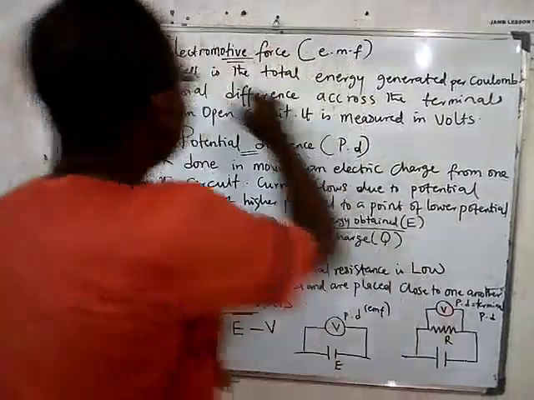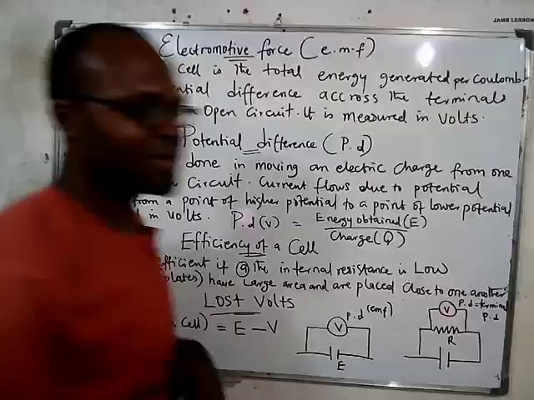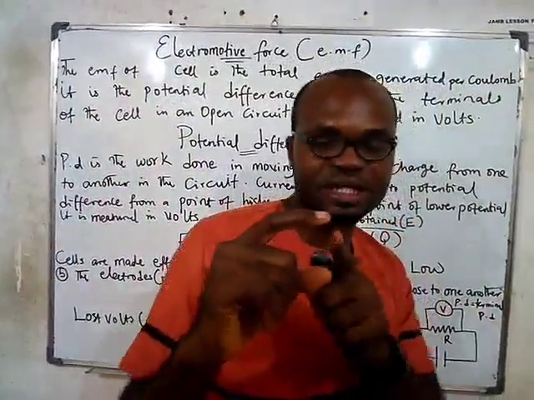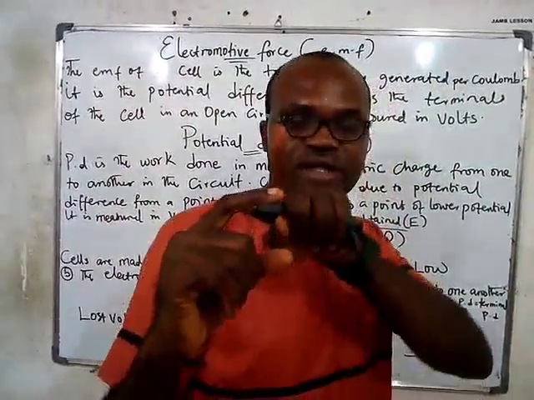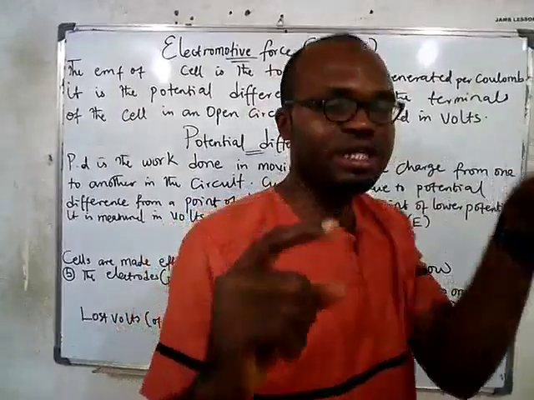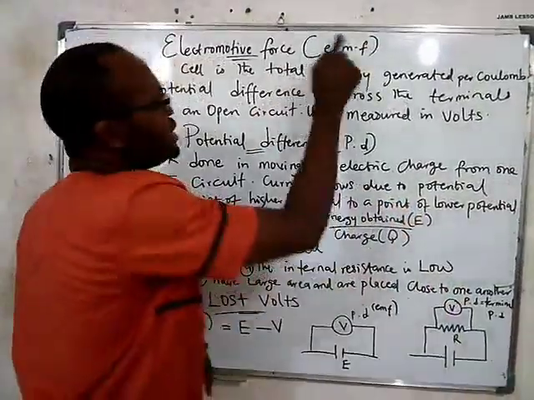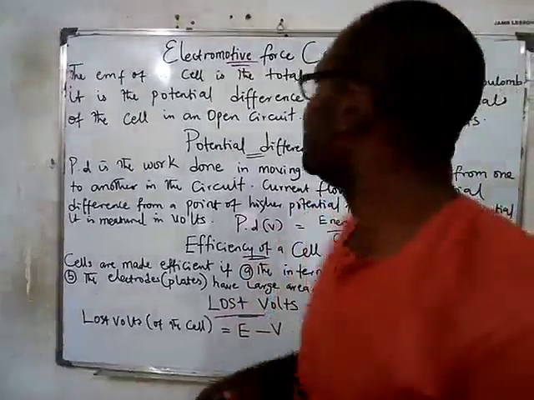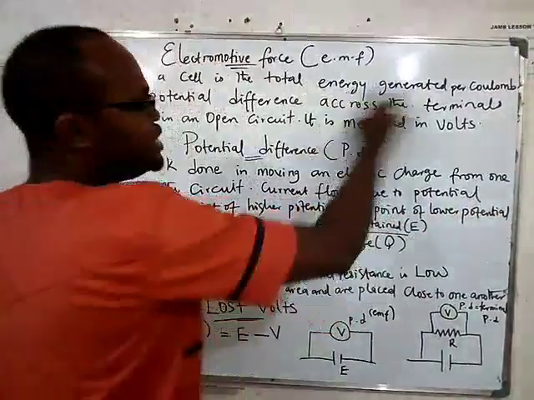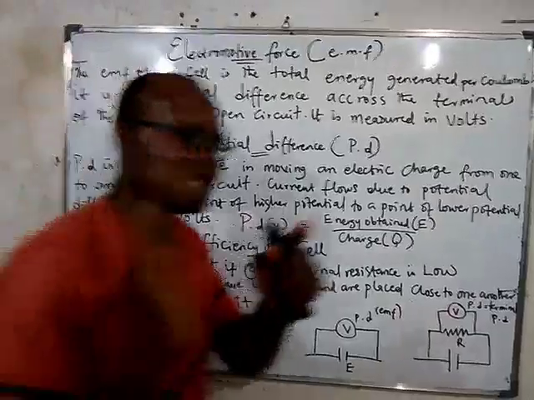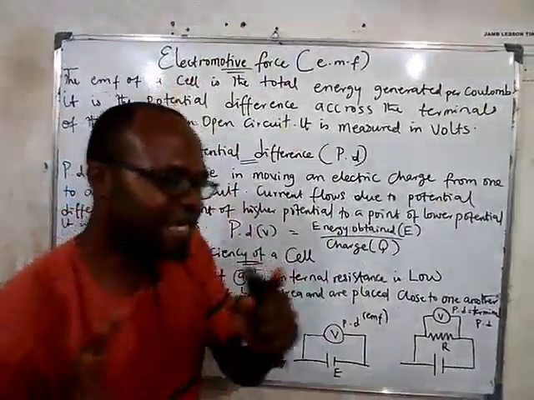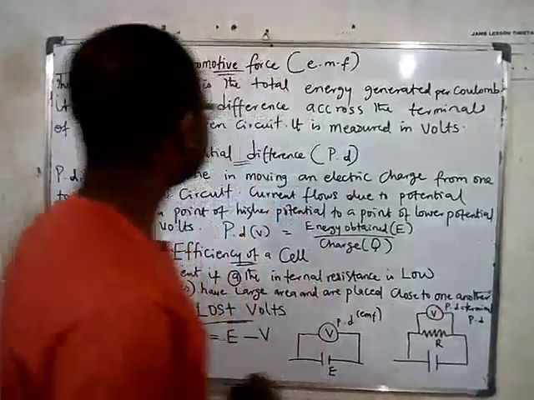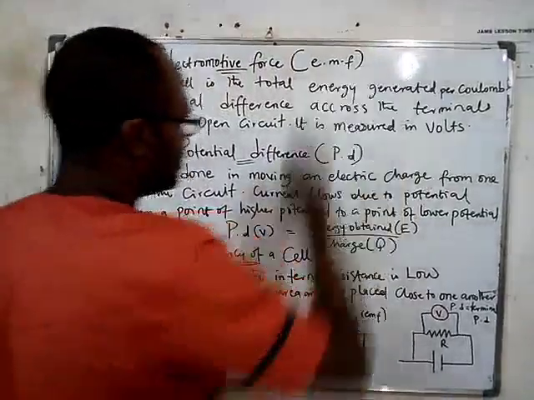That force is known as electromotive force. So when you have a battery or a cell, the force that enables it to let the current or the electric charge flow in the circuit is known as EMF. So this electromotive force is actually the energy generated per coulomb that enables charges to flow through a circuit, and it is measured in volts.